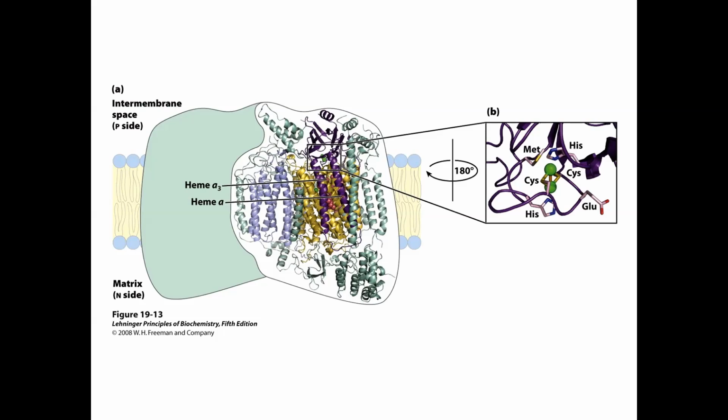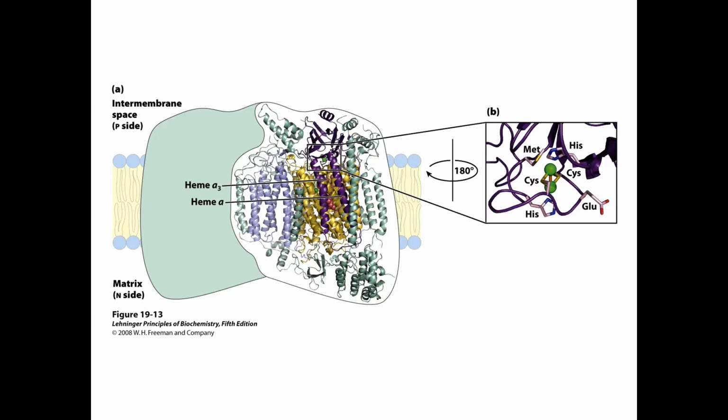Complex 4 is composed of 13 protein subunits. Oxygen is the final electron acceptor. And the final product, of course, is water. The catalytic core of this is encoded by the mitochondrial genome in humans, as are the cytochrome A's.